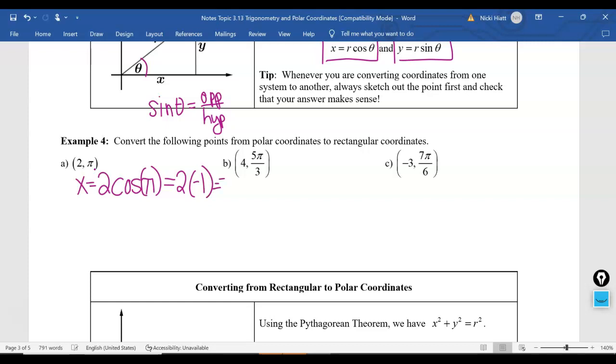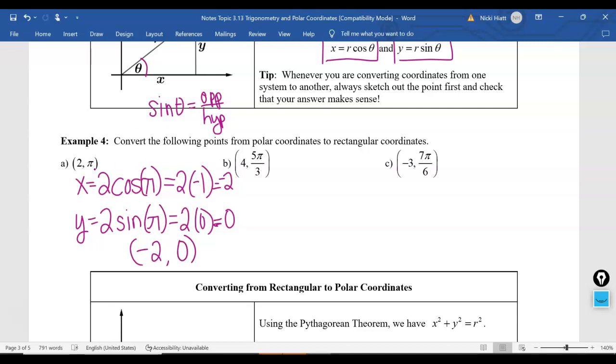And so we'll get -2 right there. Then if we go to y, we would have 2 sine of pi. And 2 times sine of pi is just 0. So our rectangular coordinates for this point would be (-2, 0).